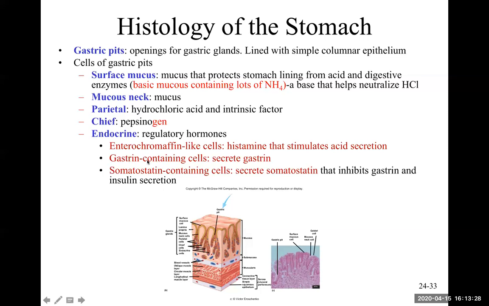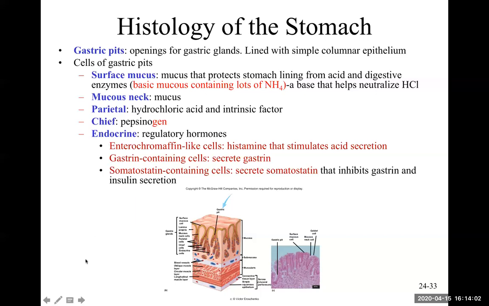Gastrin's released, so then you can activate the stomach even more. But once we start pushing the food into the next part, the small intestine, the duodenum, then we release somatostatin. Then it inhibits the stomach. So then you don't just force that food into the small intestine quickly, because if you did, each morsel of food is not going to have time to get digested and absorbed. So once food is introduced to the next section, we slow down the previous section.